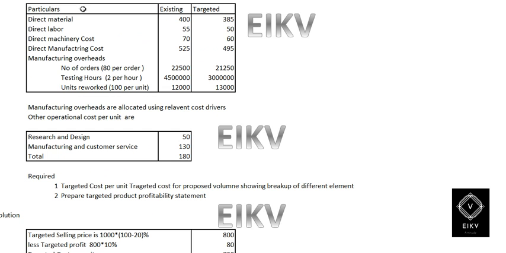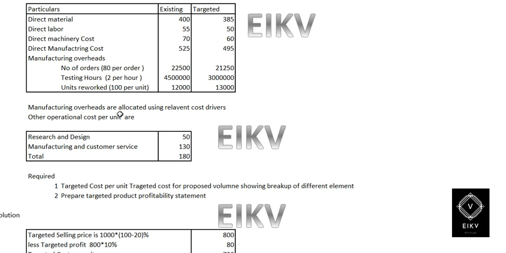In this question they have given some details of the product, with particulars, existing cost and targeted cost. So we have the materials, the labor, the machine cost, and then the total direct manufacturing cost. Then other costs are given. So in this question we are given the existing cost and the targeted cost also.